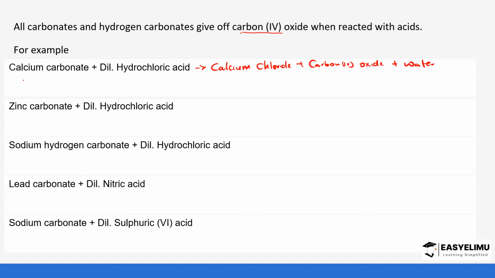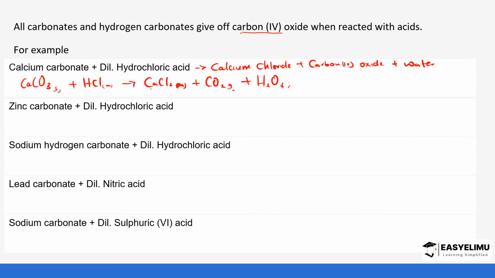So the chemical equation is going to be calcium carbonate, a solid, plus hydrochloric acid to form calcium chloride, plus carbon dioxide gas, plus water liquid. Let's not forget, this is calcium carbonate, not calcium chloride. Let's make that correction.